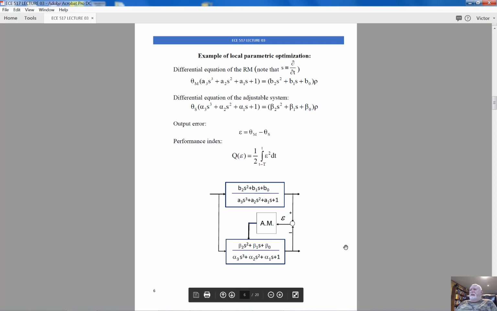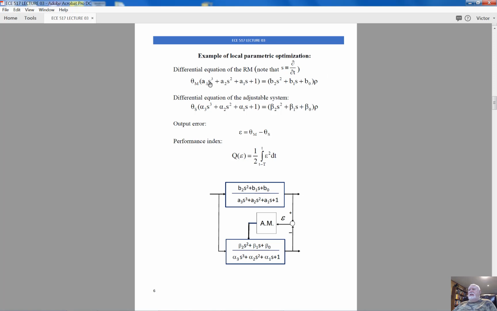The best we can do at this point is to give you an example of local parametric optimization. We will consider a model reference-based system that performs parameter estimation. For the reference model, I have this differential equation.